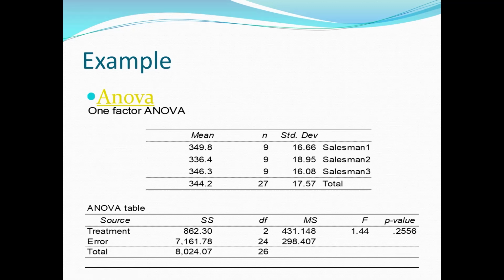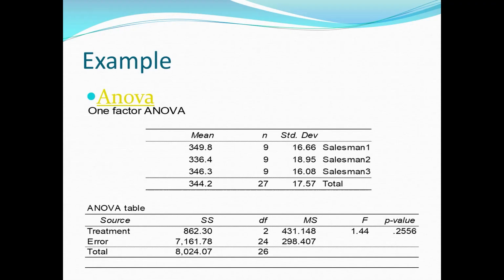Population is all the months that he has been working. N is 9 months sample. So when you have studied 9 months, from this result we are going to understand whether these three salesmen's sales are different when taking their entire service.